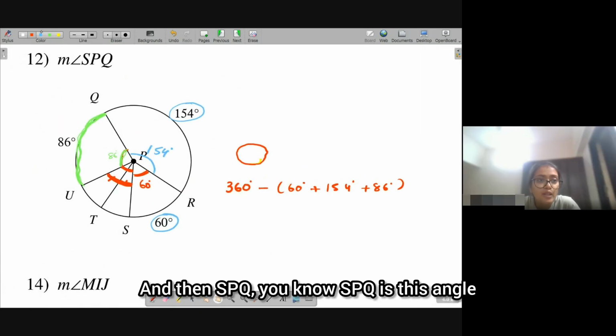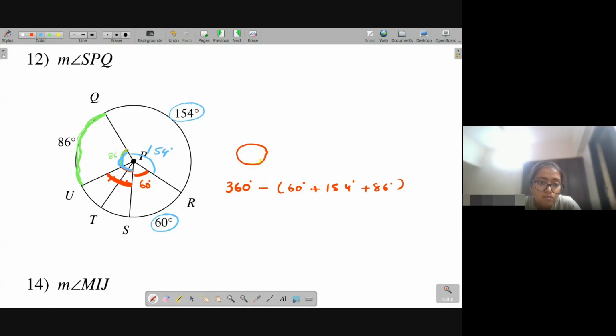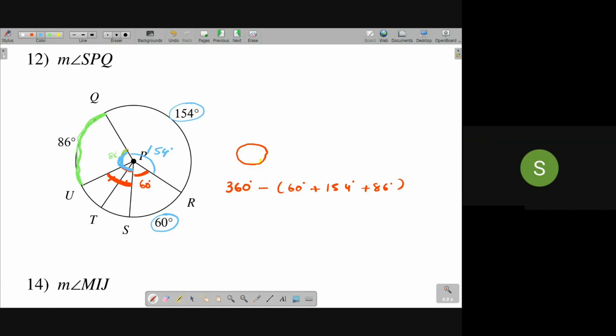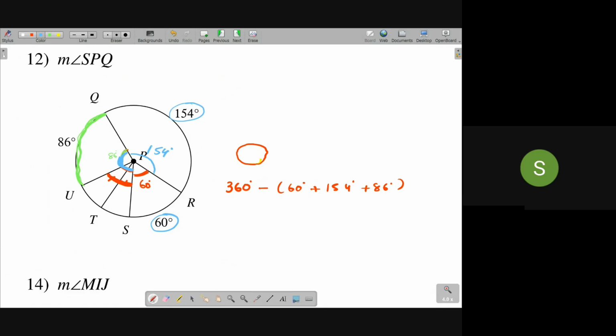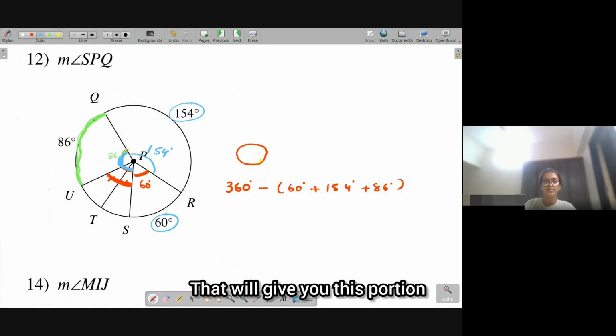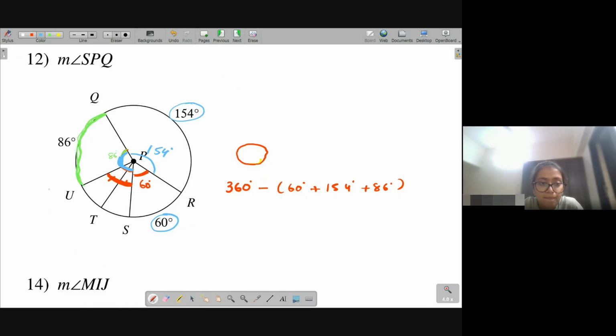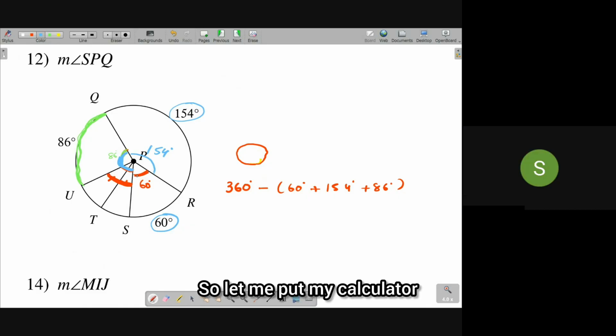And then SPQ, you know, SPQ is this angle. Oh, so I would just have to do the 60 minus all the angles that I already have. That will give you this portion. So let me put my calculator.